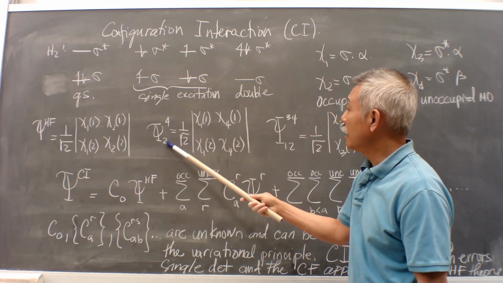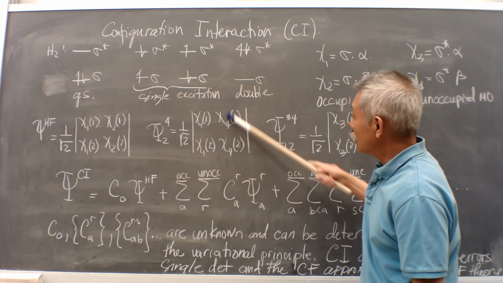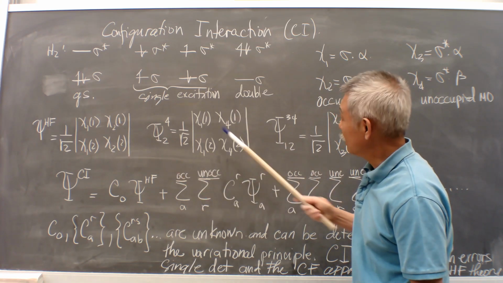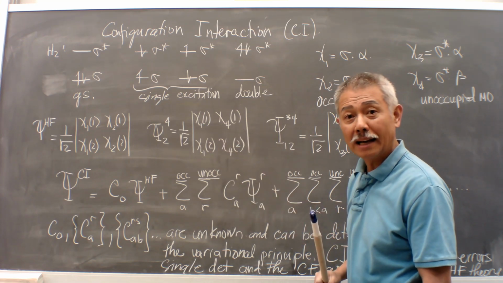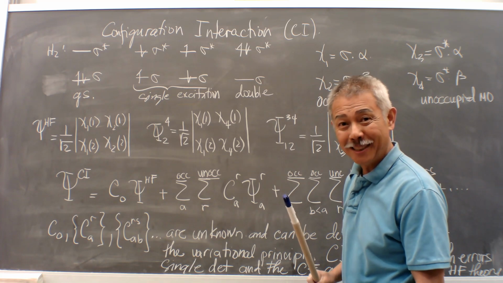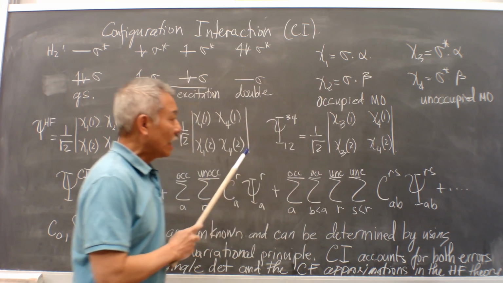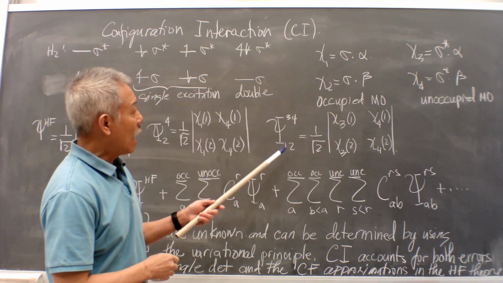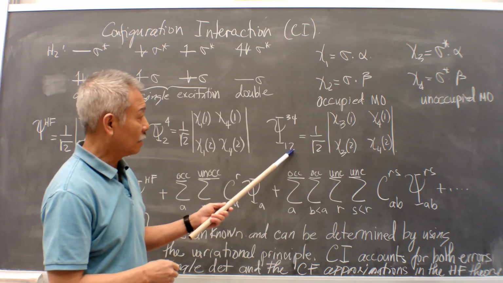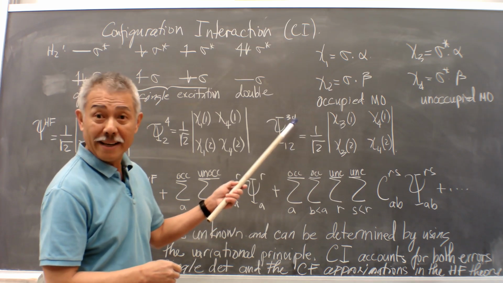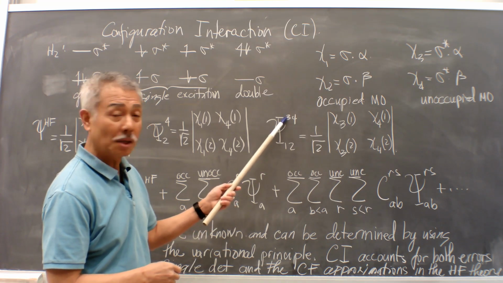The only thing I do is take chi2 and switch it to chi4. So now the Slater determinant has chi1 and chi4. Simple, isn't it? Now for the double excitation, similarly, I take both electrons, 1 and 2, and send both from sigma to sigma star, into 3 and 4.